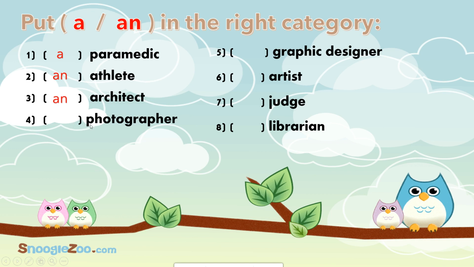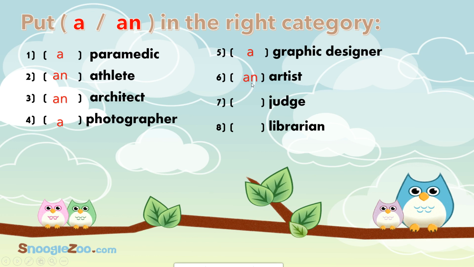Number 4, photographer. Is P a vowel? No, it's not. So we use a photographer. Number 5, graphic designer. The G is not a vowel, so we use a. A graphic designer. 6, we have artist. Is A a vowel? Yes, it is. So we're going to use an.